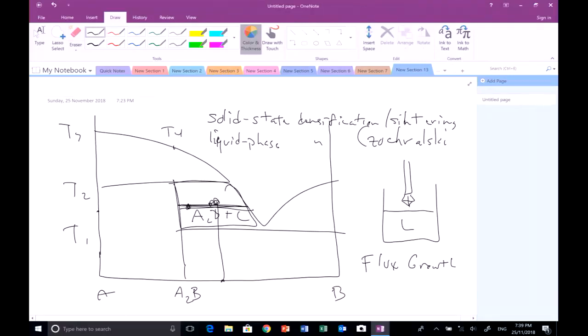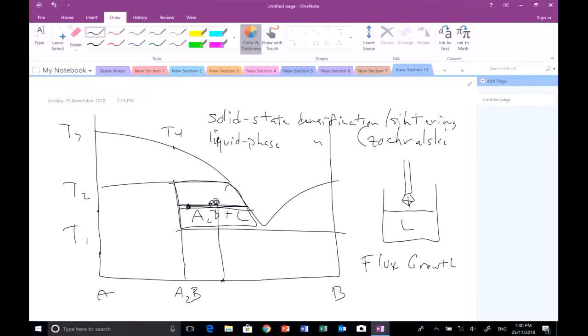Give me the composition that you need to batch to do liquid phase densification at that temperature, generating that level of liquid. That's called materials engineering. Okay, so flux growth is the same as liquid phase densification, same requirement. If you have solid compatible with the liquid, you can do both. Okay. Easy.